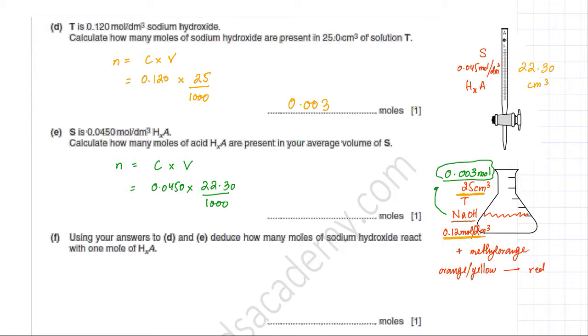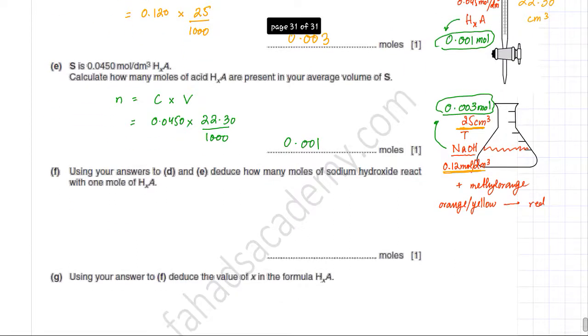Using my calculator, 0.045 multiplied by 22.3, and then dividing that by 1000, the answer I'm getting rounded to 3 significant figures is 0.001 moles. Let's write that down as well: the amount of acid is 0.001 moles in this burette. That is the amount of acid being used in the reaction.